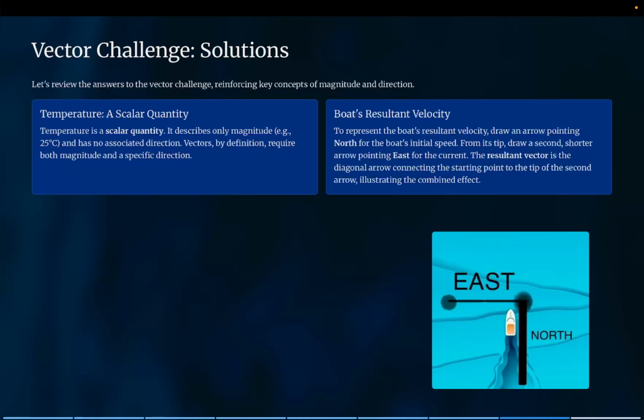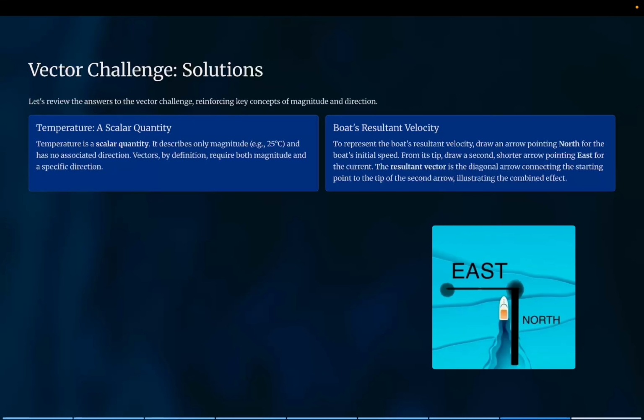It's shorter because the boat goes north at 15 miles per hour while the current is only 3 miles per hour. So we go 3 miles per hour to the east. Even though this one is pointing to the west, you just have to understand the concept. The resultant vector is the diagonal arrow connecting the starting point to the tip of the second arrow.